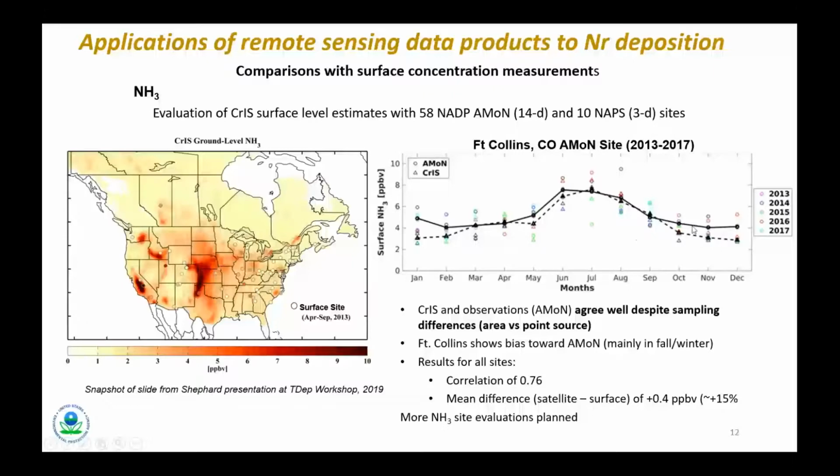It looks like there's a little bit of a bias in the winter months, but this is pretty good for 2 completely different ways of getting at surface concentrations. All of the studies showed pretty good correlation, 0.76, and actually the satellite showed a little bit more bias for all the sites. There are more of these evaluations planned.